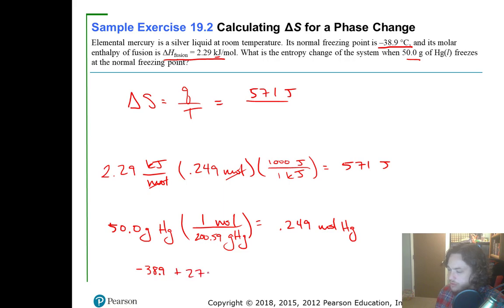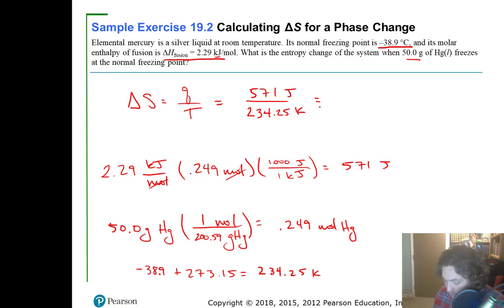We say 273.15 plus negative 38.9. So we get 234.25 Kelvin. All right, so we divide that by 234.25 Kelvin.